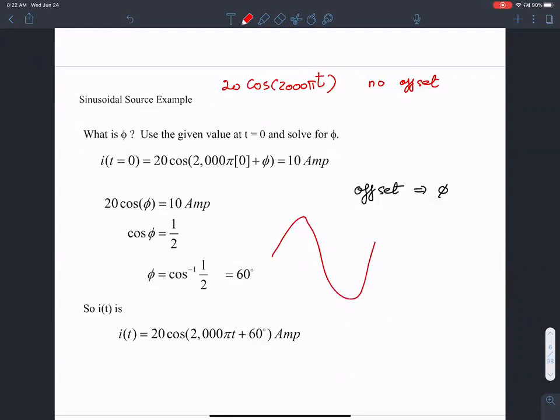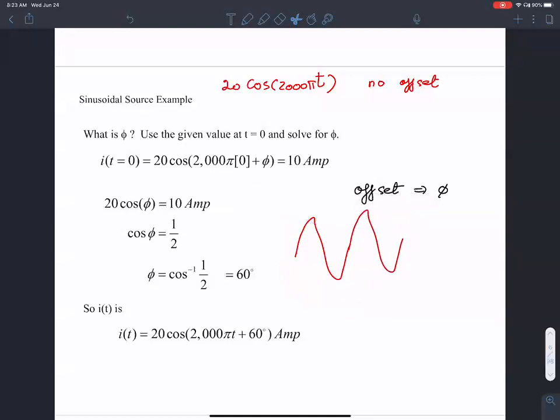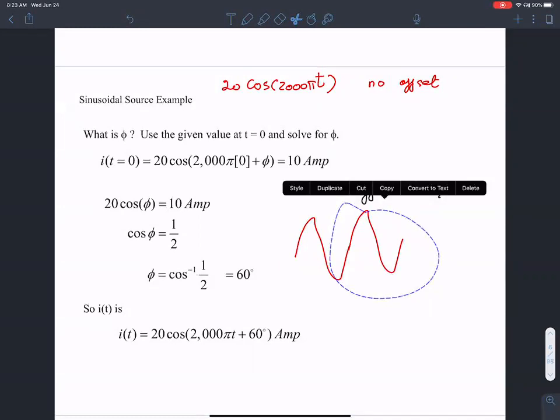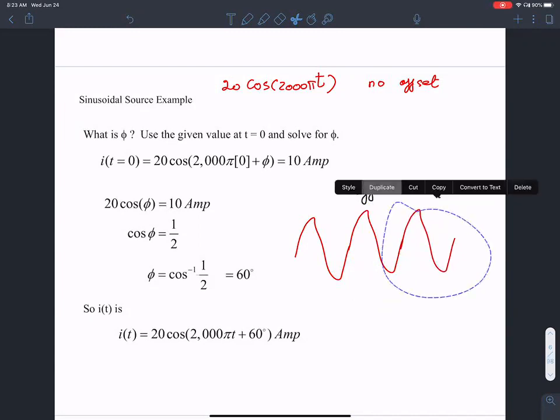Let me make another attempt. Let's say I have a wave repeating in this fashion.